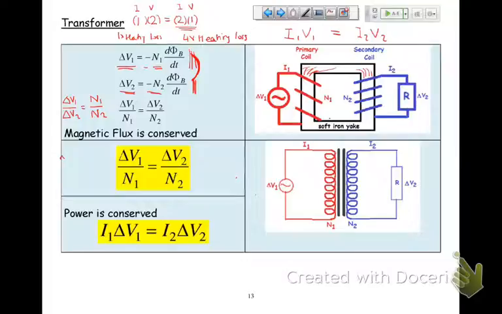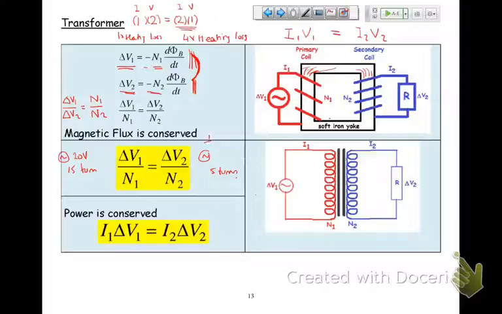And so I can simply put in a number. I can say, look, I'm going to give you an AC of 20 volts, and I'm going to give you 15 turns, and over here I'm going to give you 5 turns. So what's my AC voltage coming out? And you go, well, the ratio of the turns is 1 to 3, so the ratio of the voltages is 1 to 3.